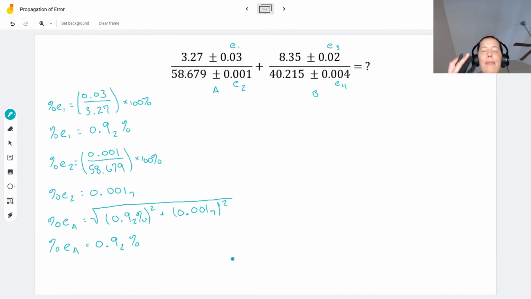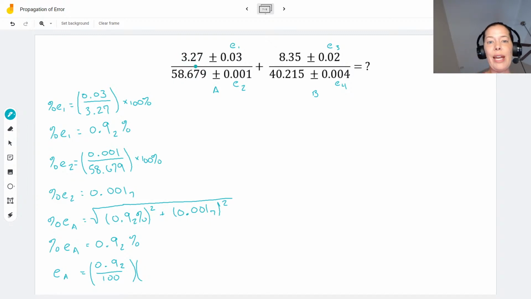Again, we need to make sure we take this percent relative uncertainty and turn it back into an absolute uncertainty. Now that we've propagated the error, we're going to turn it back around into an absolute uncertainty. So my absolute uncertainty for term A is going to be my 0.92, divided by 100, and then multiplied by my 3.27 divided by 58.679.